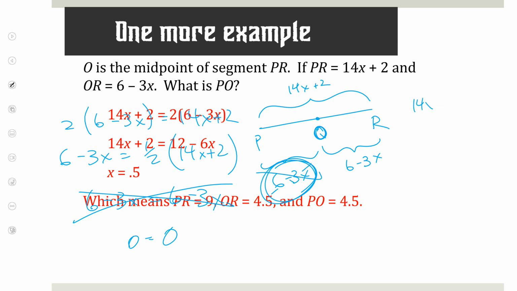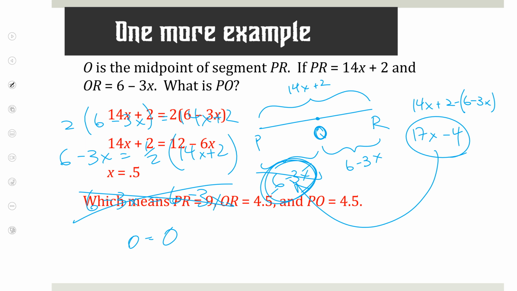If we do 14x plus 2 minus 6 minus 3x, we would get 17x minus 4, which is what this would be, right? But notice I don't have an equation yet, so I can't solve for x. All I had was an expression that I could simplify.